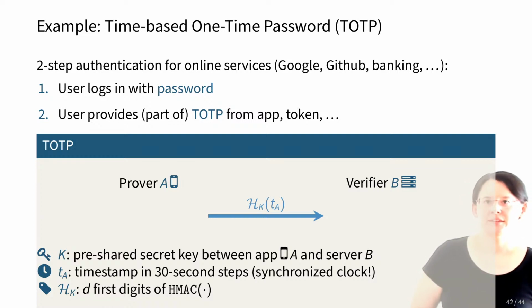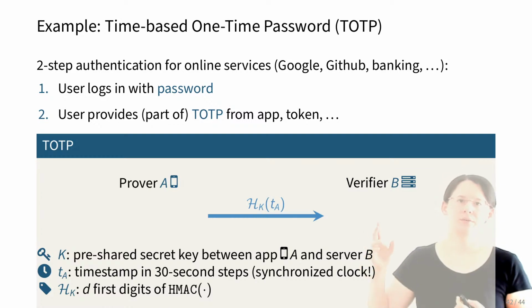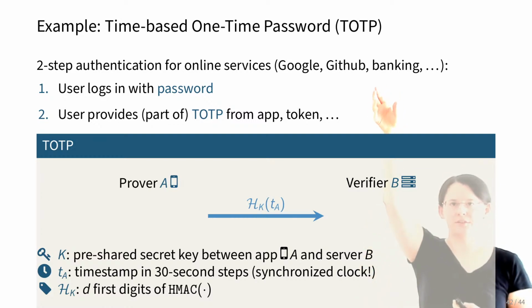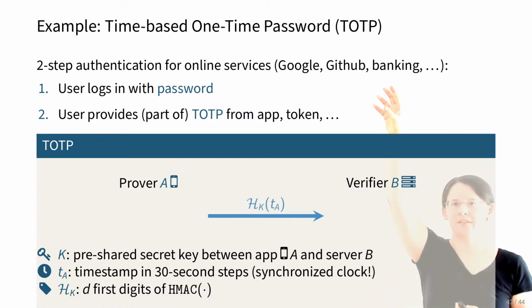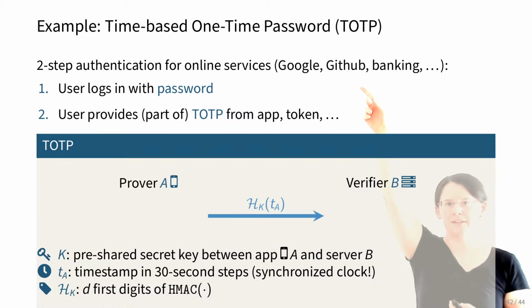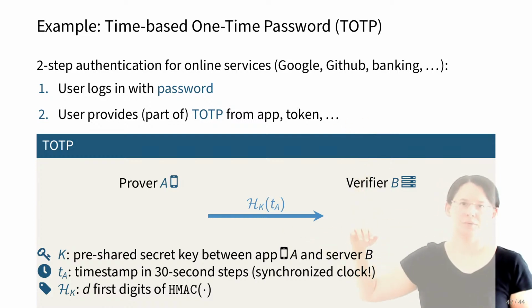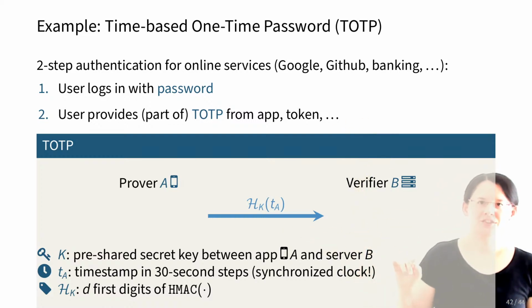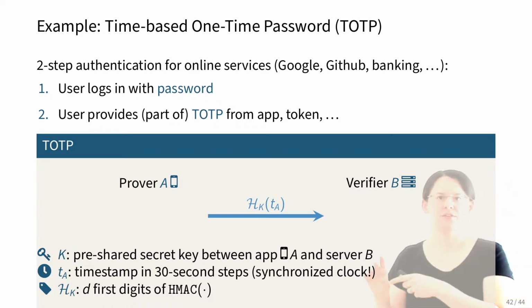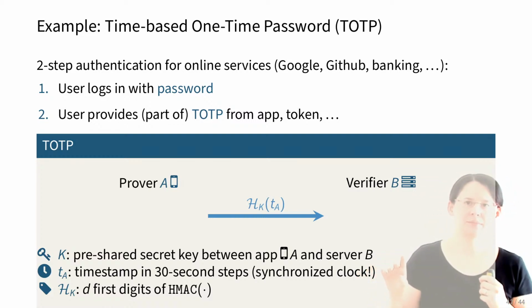It's usually just one of two factors. You usually have to provide first your password on the website and then the token from your mobile phone. This token is actually computed as a part of a challenge response protocol, but the challenge is not really sent from the server to your Google Authenticator app.